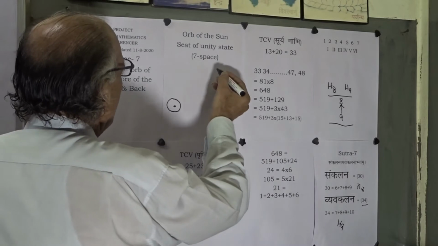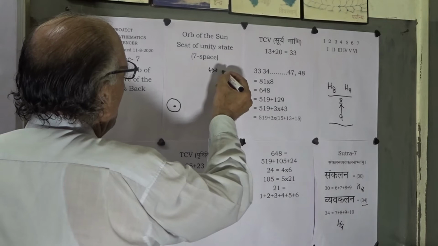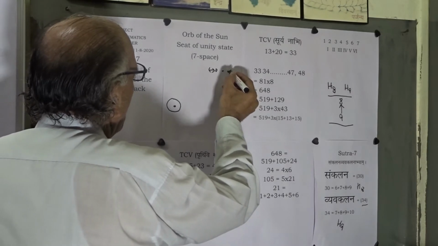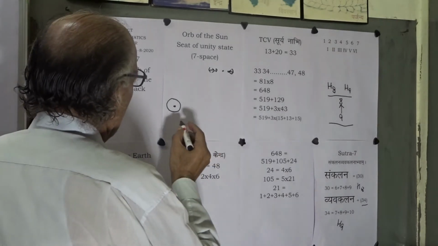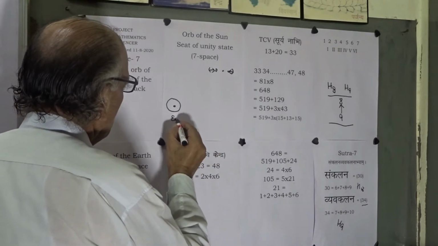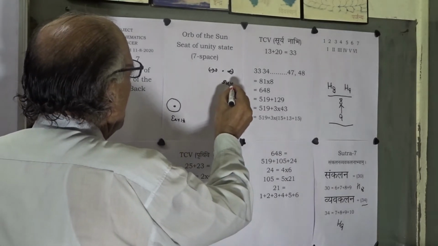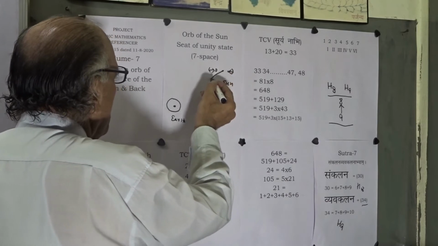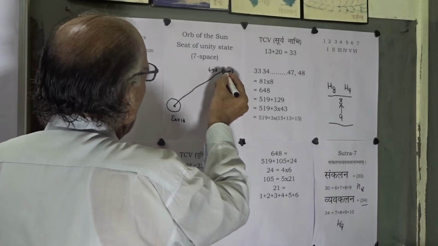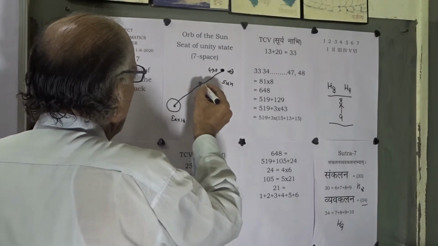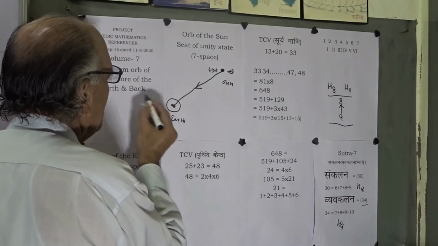Vedic systems approach it by having its coordination with the orb of the sun. So from earth to sun, there is a state coordination. There is a flow from the orb of the sun up till the core of the earth.